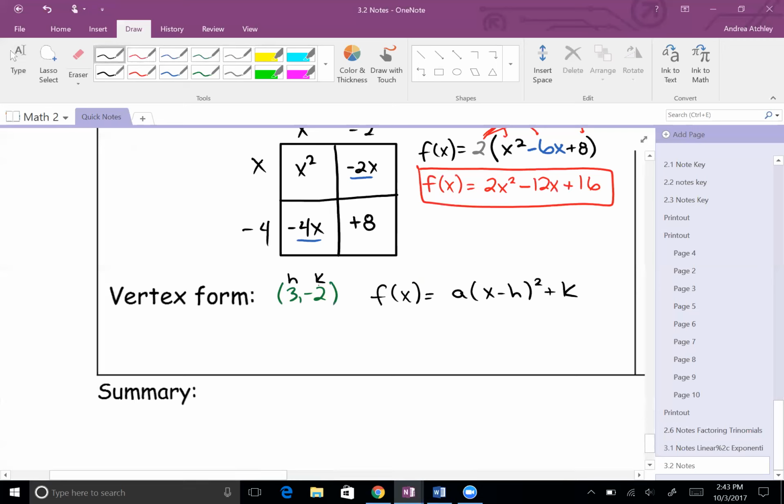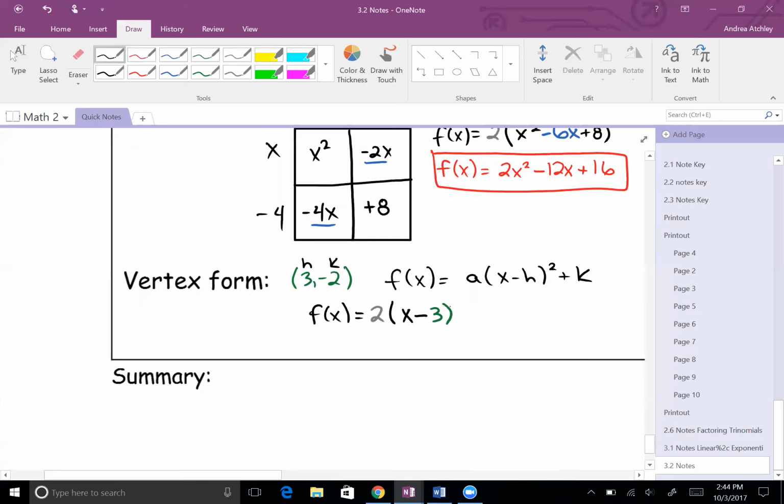So we said that the x value goes inside the parentheses and then the y value is outside the parentheses. I already have that a value from way up here. So we're going to have f of x equals, my a was 2. Then I have the x minus, it's a positive 3, so make sure you have a negative 3 inside those parentheses, squared. And then the negative 2 stays the same. So that's vertex form. Any questions over that? We're all good?